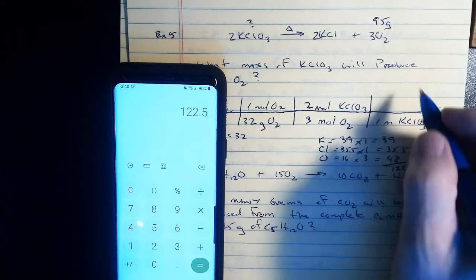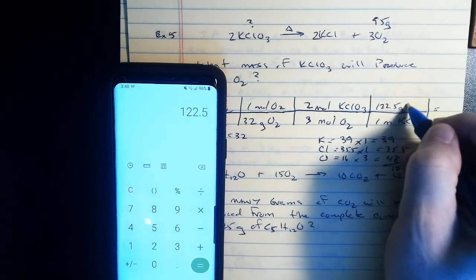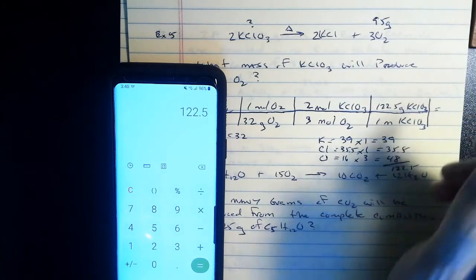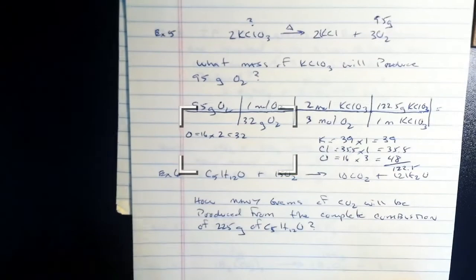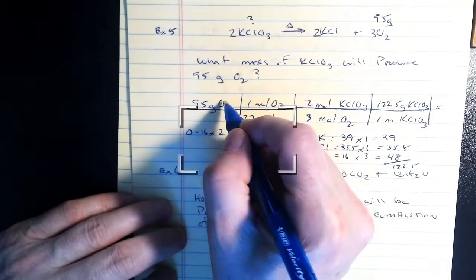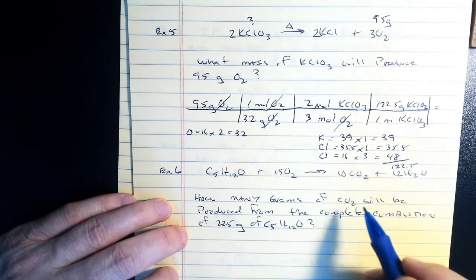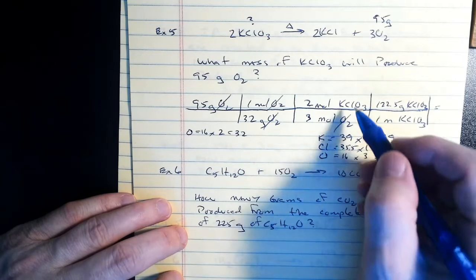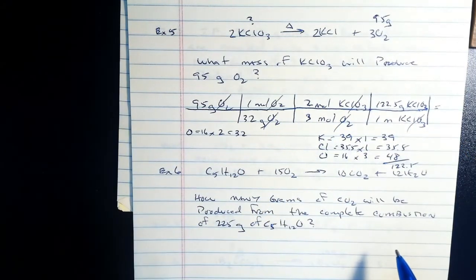So we can put 122.5 here. We're in grams of potassium chlorate. So we can do that. And now what's our next step? It is to cancel our units. So grams of O2 cancel. Moles of O2 cancel. Moles of potassium chlorate cancel. And we're left with grams of potassium chlorate.